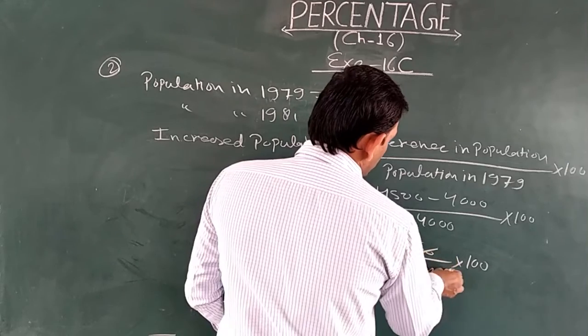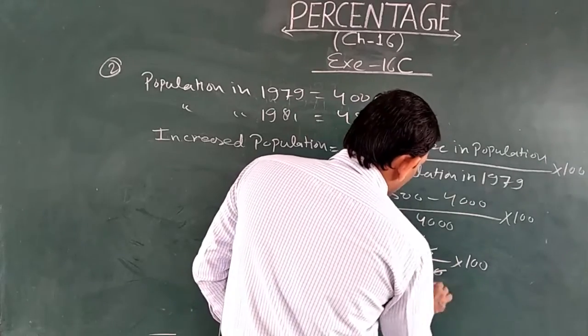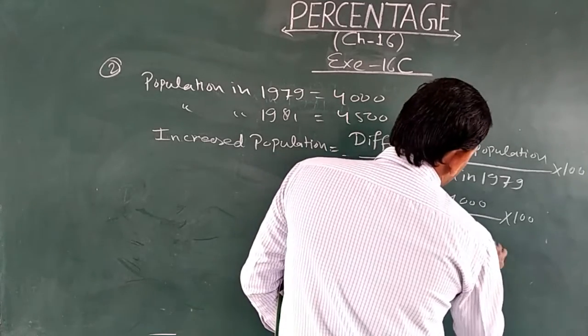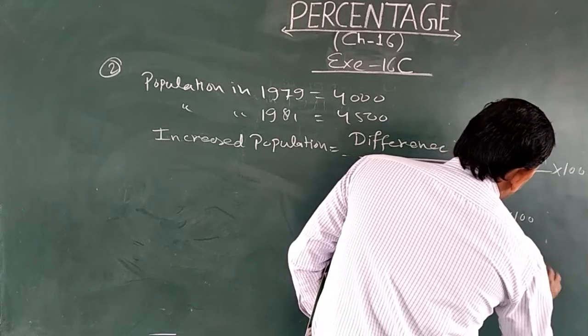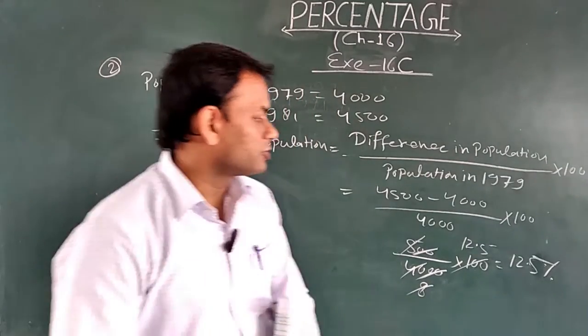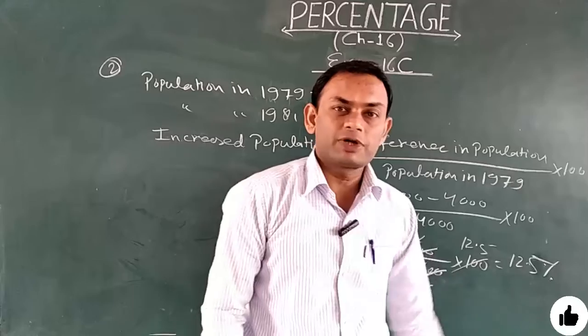Okay, so 20 to 20 will be cut, and 5 8s, and 8, when you divide 100 by 8 you will get 12.5. 12.5%. Okay, so this is the answer. So increased population in that locality is 12.5%.